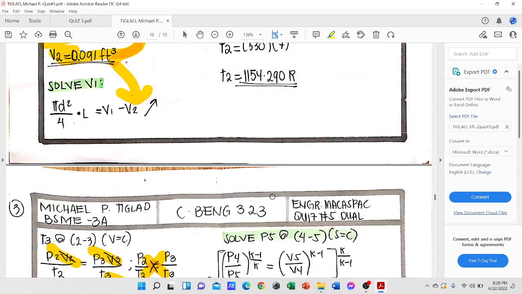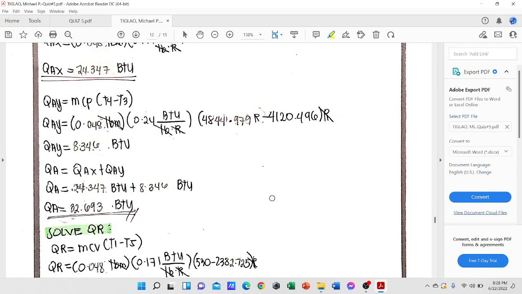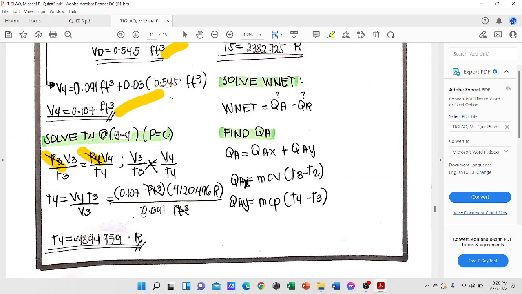So, our initial formula is V3 all over T3 is equal to V4 all over T4. Then, I cross multiplied to get the final formula: T4 is equal to V4 T3 all over V3.